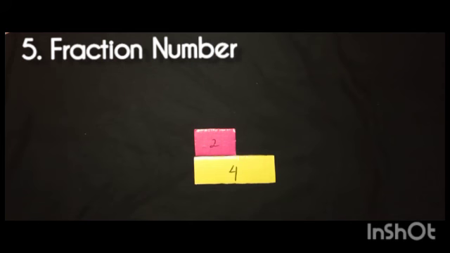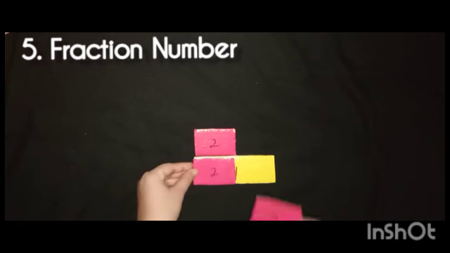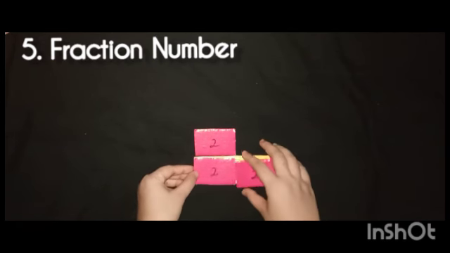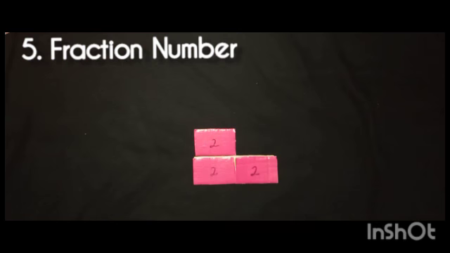To get the value of the fraction, the method is to take a rod with a size of 2. The number of rods of size 2 to cover rods 2 and 4 so that they are the same length. Then we can see that the value of the fraction, namely the number of rod 2 covering rod 2 and rod 4, is obtained as 1 divided by 2.